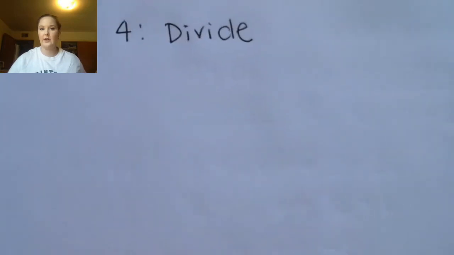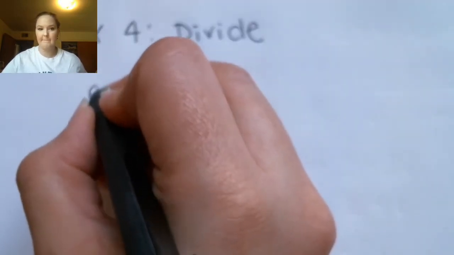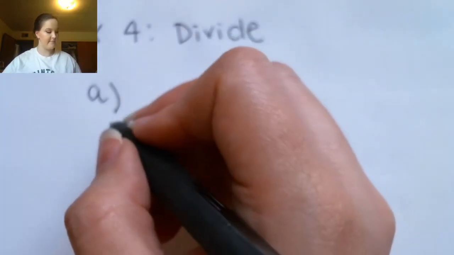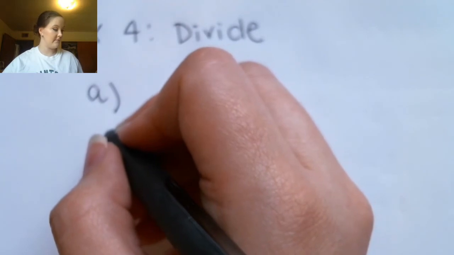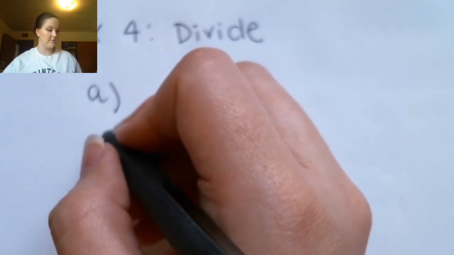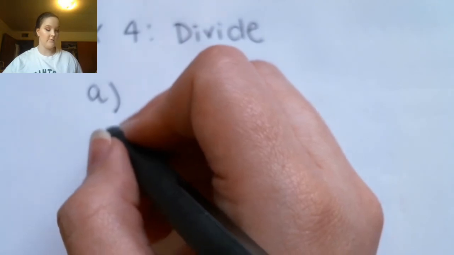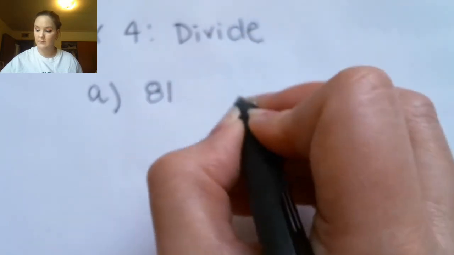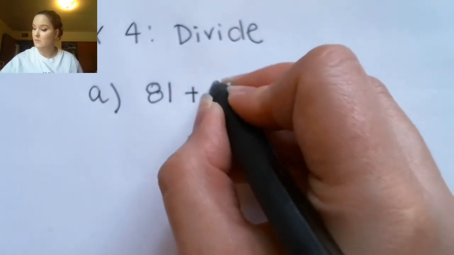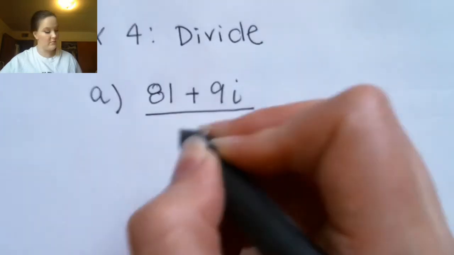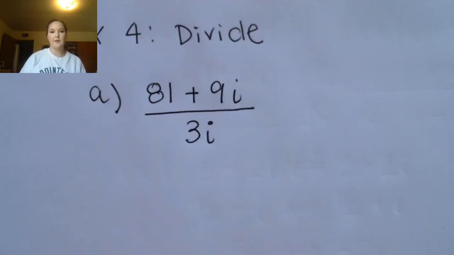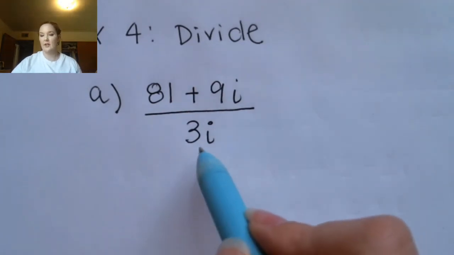Okay, so we're going to divide. So the first thing we're going to do is find our complex conjugate of the denominator.